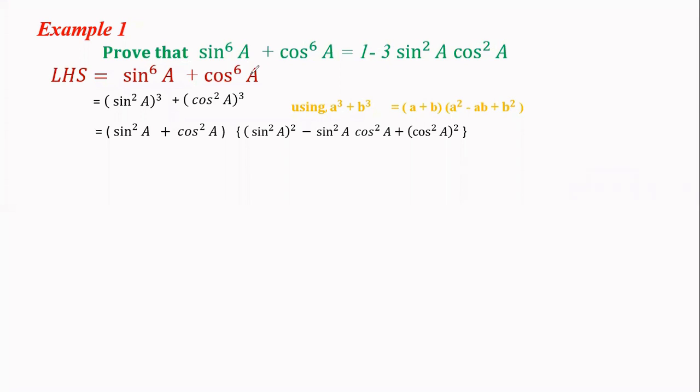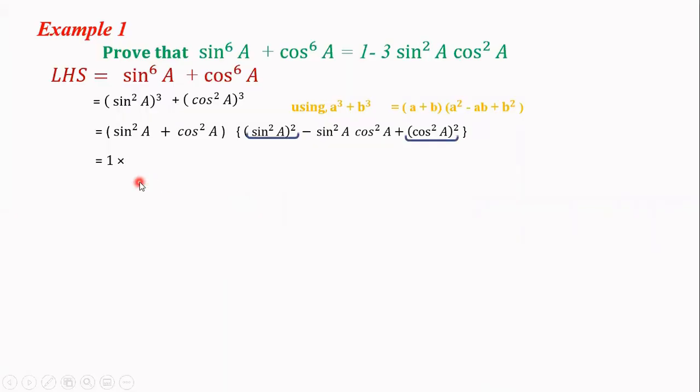Now moving on to another step, we have this portion sin^2 A plus cos^2 A equals 1. So we replaced sin^2 A plus cos^2 A by 1.